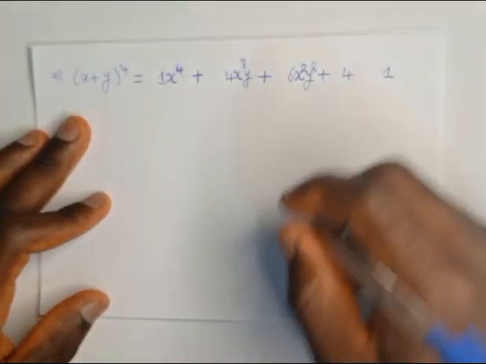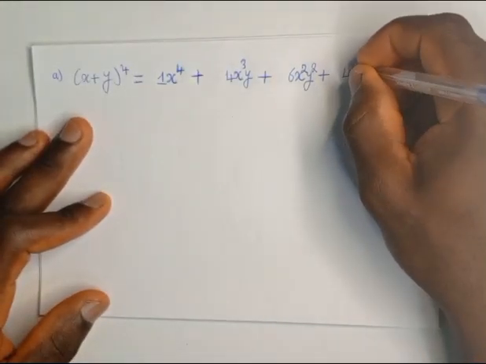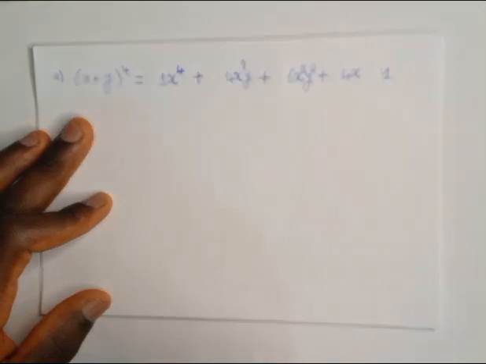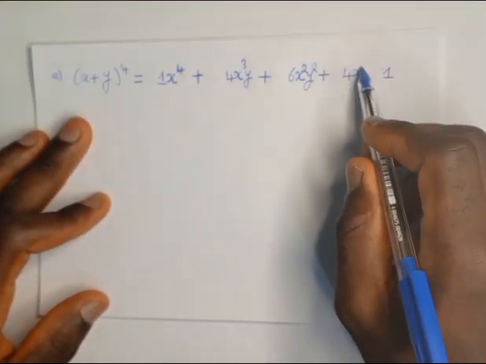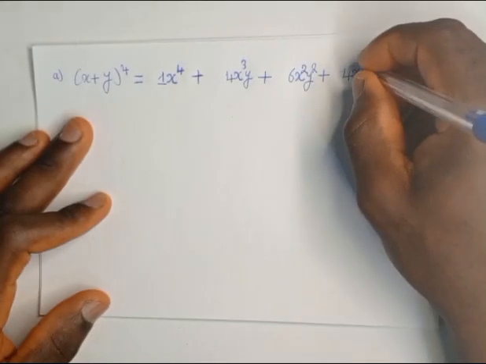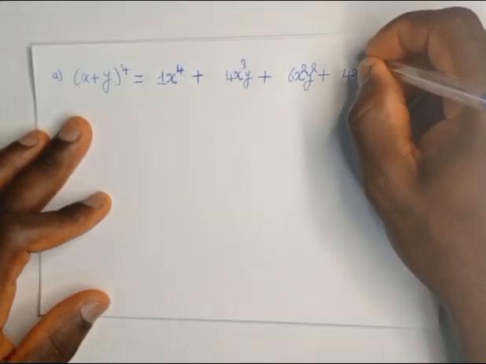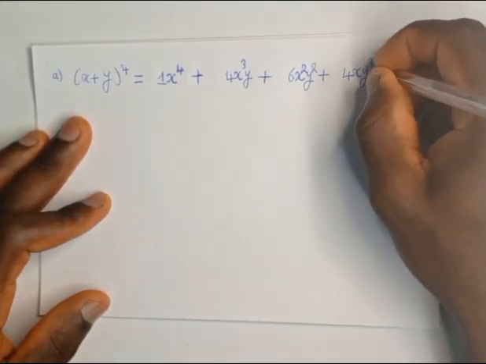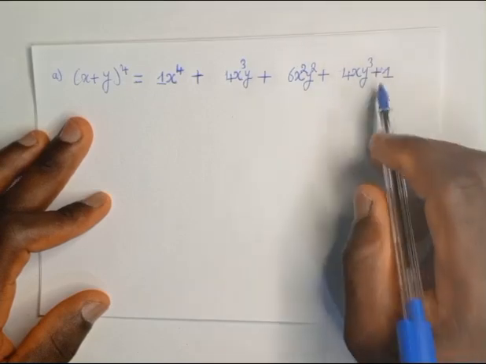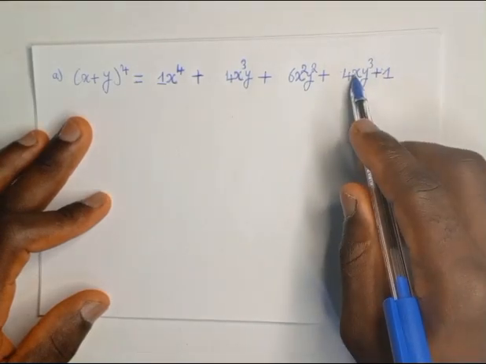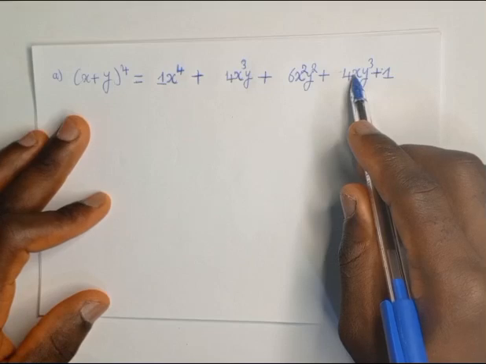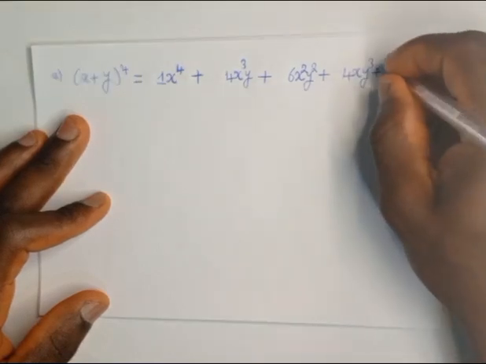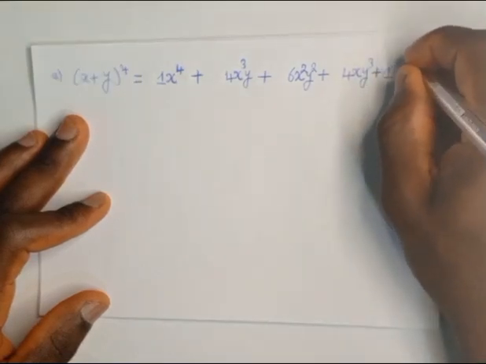Plus 4 times x raised to the power 4 minus 3, which is 1, times y raised to the power 3, plus 1 times x raised to the power 4 minus 4, which is x raised to the power 0, and x raised to the power 0 is 1, times y raised to the power 4.